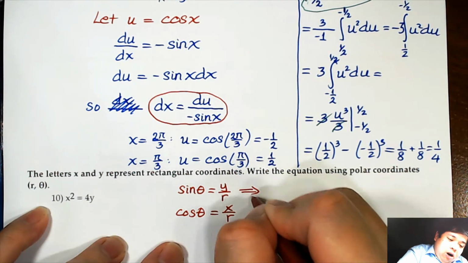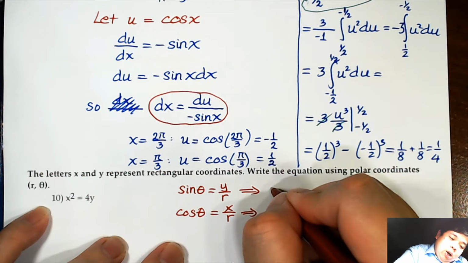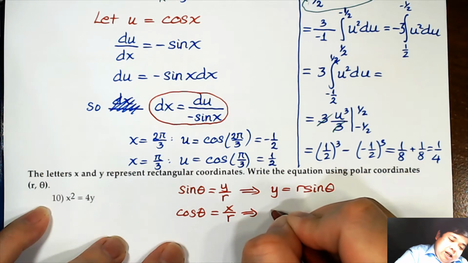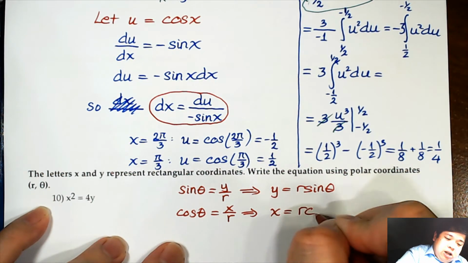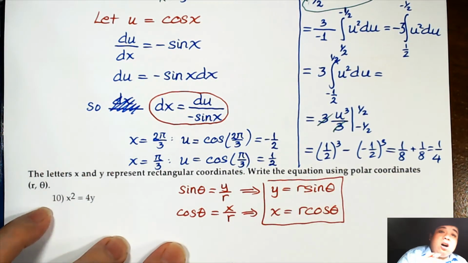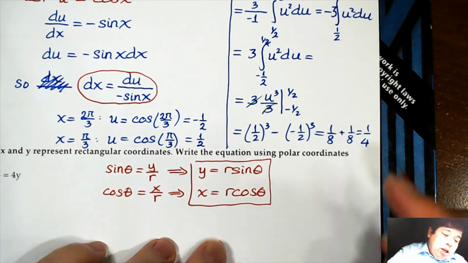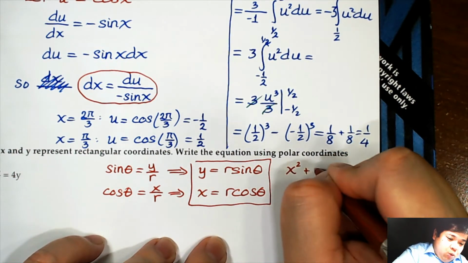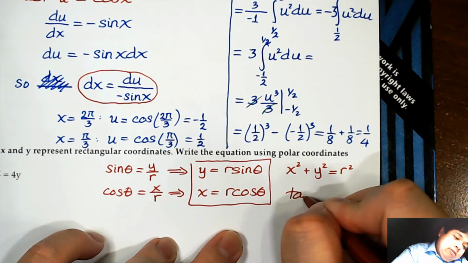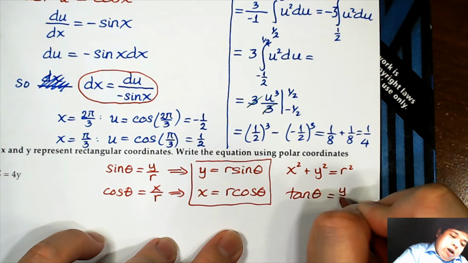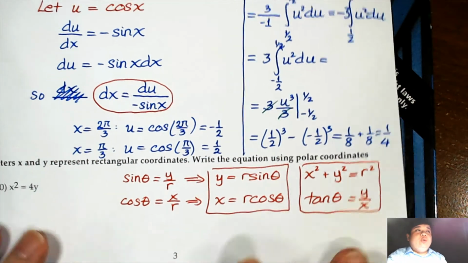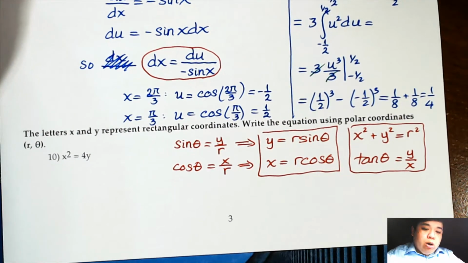So if we multiply r on both sides, we have y equal to r sine theta and x equal to r cosine theta. So with this we can go from r and theta to x and y. And also the Pythagorean theorem, x squared plus y squared is equal to r squared, and tangent of theta is y over x. We need those two to convert between rectangular and polar coordinates.